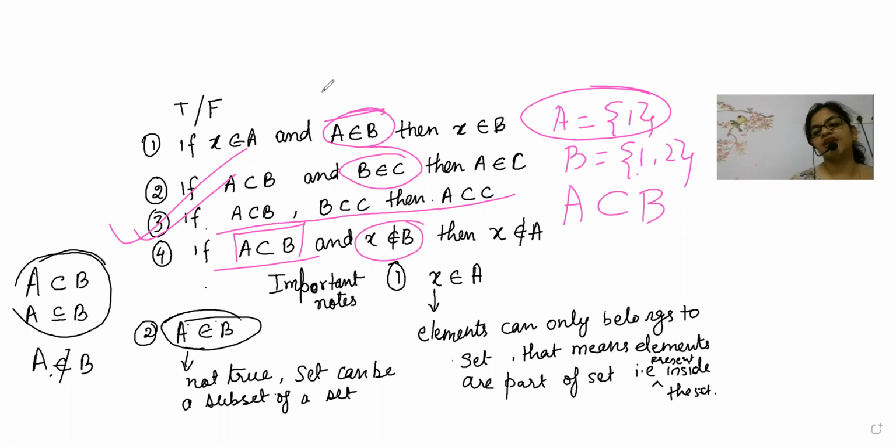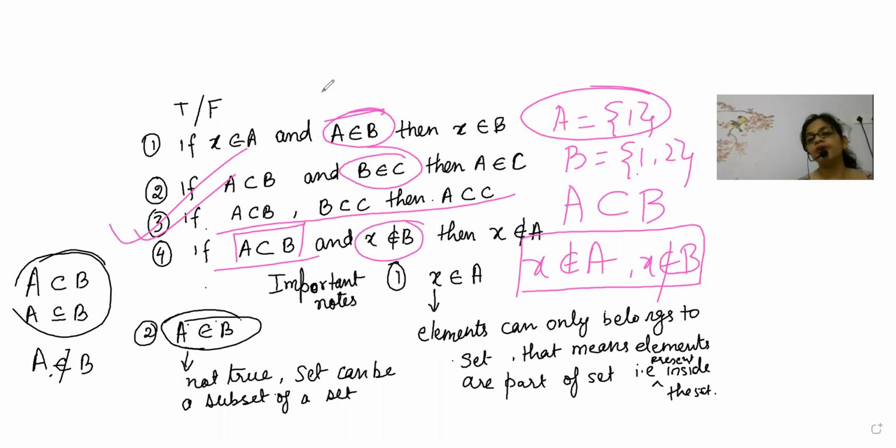Now this person is telling X does not belong to A and X does not belong to B. Where we have to write X belongs to A and X belongs to B. Here exactly what we have to write: X belongs to A, X belongs to B. But here the most important part is that X does not belong to A and X does not belong to B will be a true statement.